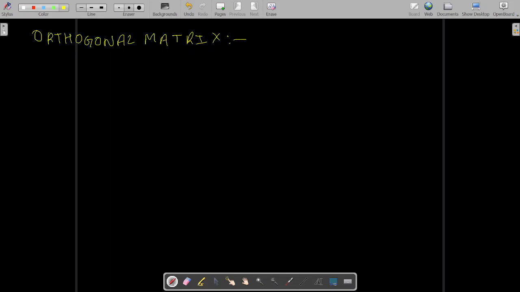Orthogonal, as the name suggests, there must be something like 90 degrees. Orthogonality always means like that only.